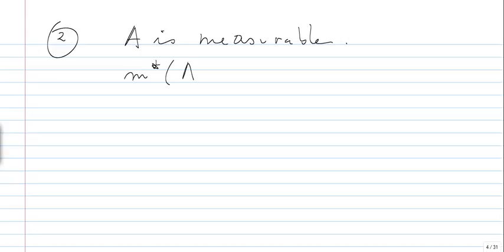Now for the second one, we assume that A is measurable, and we assume that its outer measure is finite. Fix epsilon.